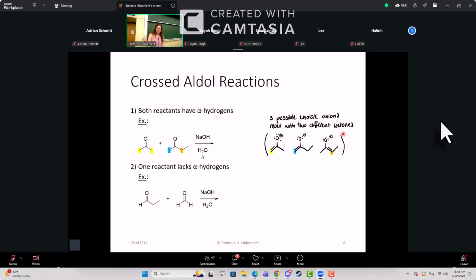And heat is indicated here, which means we're taking this all the way through to the end. We're including a dehydration, so we're looking for the alpha beta unsaturated carbonyl compound. There certainly will be a product mixture.